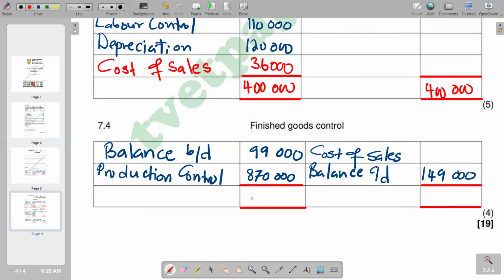We get a total of 969,000. Then we say minus 149,000, and then we get 820,000 as the balancing figure transferred to the cost of sales. So this becomes the last account that we have, which is 7.4 for the finished goods control. And our question ends.